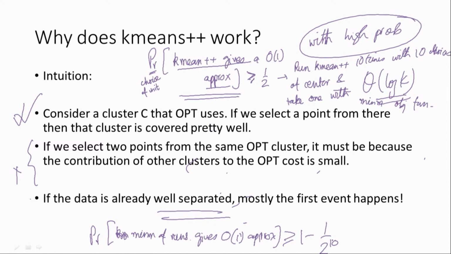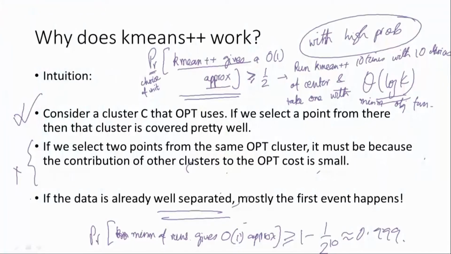And because I'm taking the minimum, the probability that at least one of these runs is an order 1 approximation is 1 minus 1 by 2 to the 10. Because it does well in one of them, I'm going to take that, because I'm taking the minimum of the solutions, right? So this is like 0.999, which is amazing. So you just run it 10 times. Okay. In practice, we'll just run it once though, and that will be good enough.